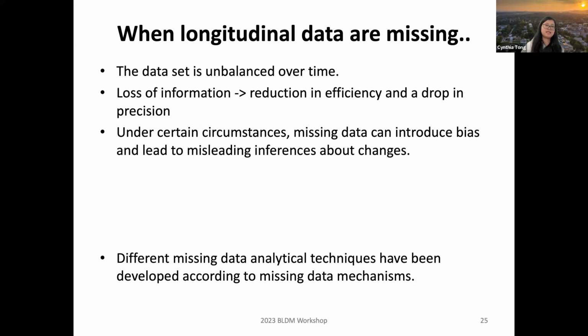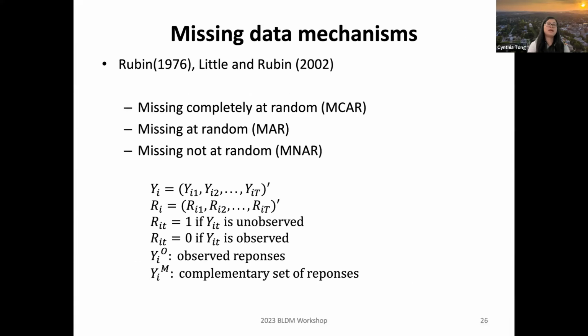Different missing data analytical techniques have been developed according to missing data mechanisms. Rubin in 1976, and also Little and Rubin 2002, defined 3 missing data mechanisms. They are missing completely at random, missing at random, and missing not at random.